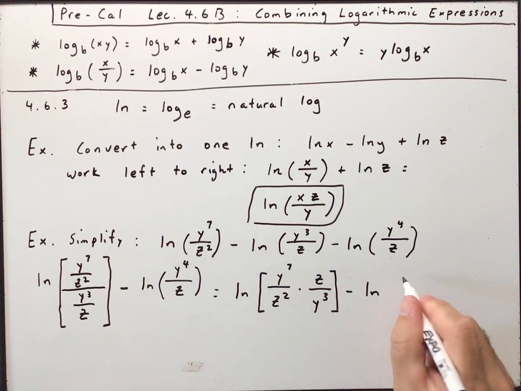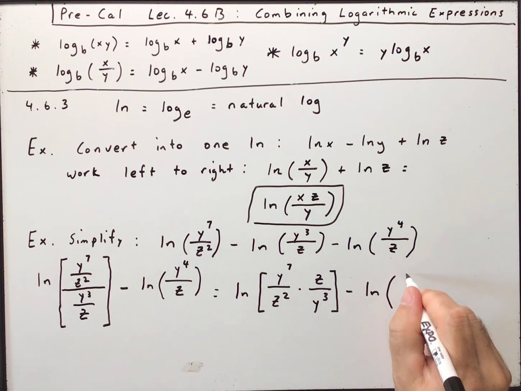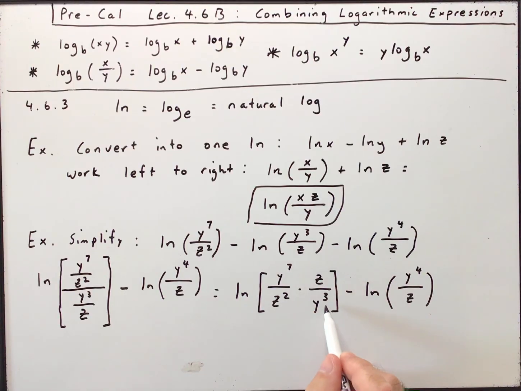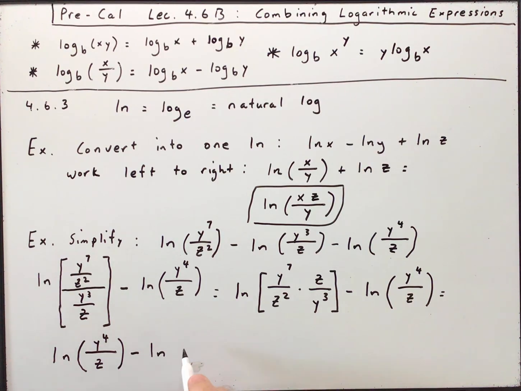minus the natural log of y to the fourth over z. Okay, so y to the seventh over y cubed leaves y to the fourth on top, and then z over z squared leaves a single z on bottom, minus the natural log of y to the fourth over z.